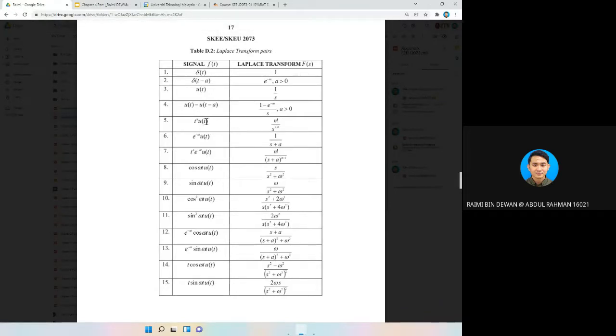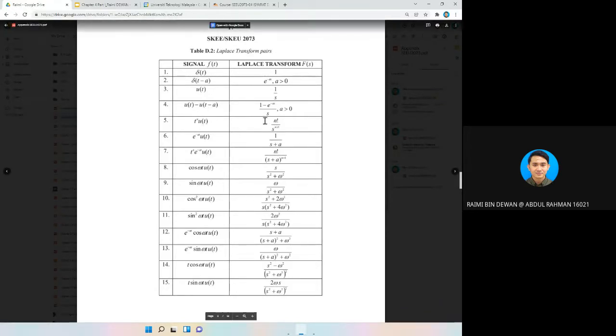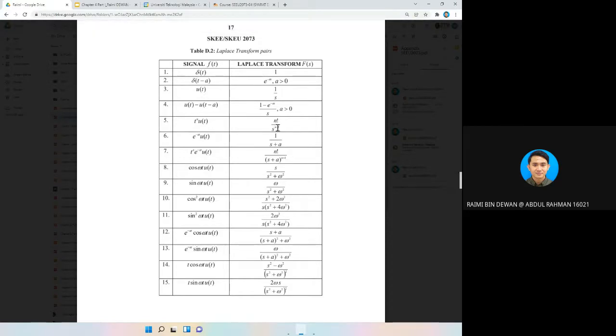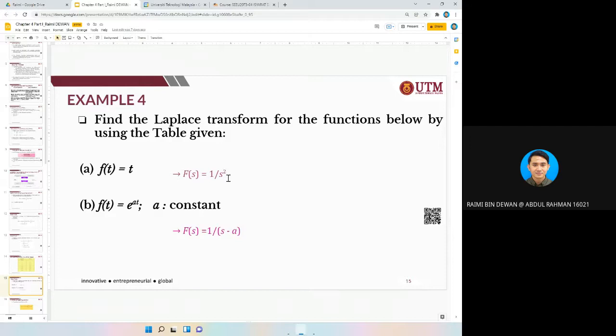You have t u(t), so it's actually n factorial over s^(n+1). In our case, n is 1, so s^(1+1), so it's s squared. That is why you have s squared. In fact, 1 factorial is 1. So similar to this, try to refer to the table.